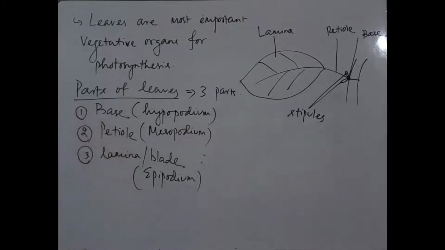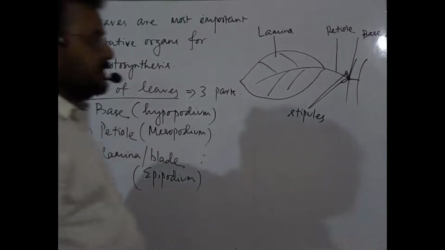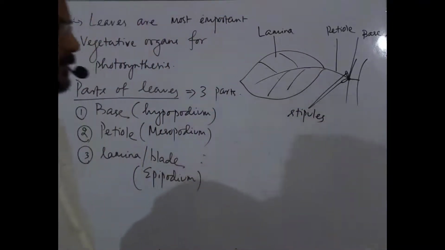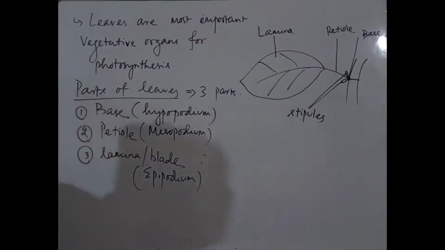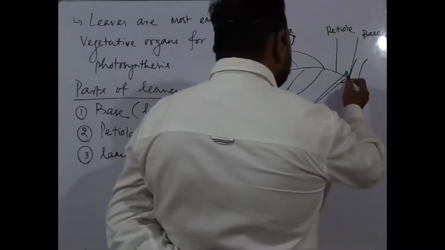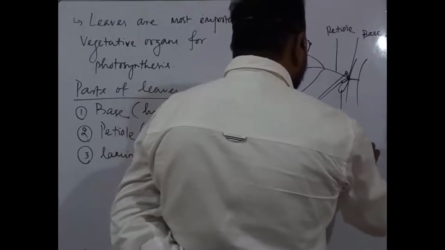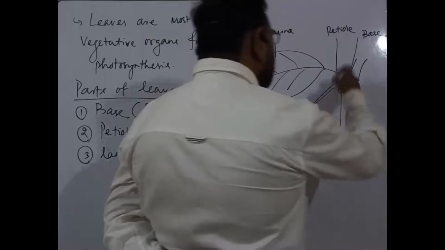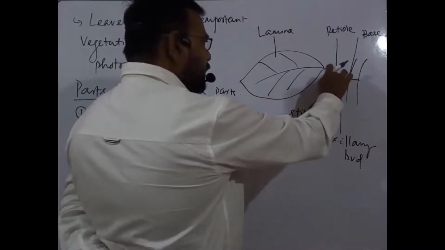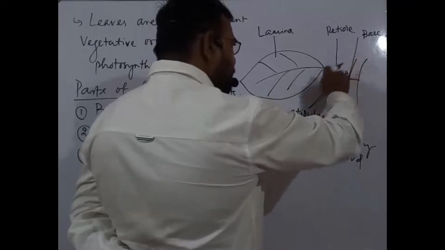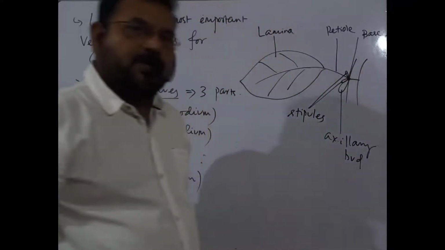The labeling given is: leaf base, stipules, petiole, lamina, and there is also presence of axillary bud in the axil. Maybe one or two axillary buds may be present, either this side or that side.